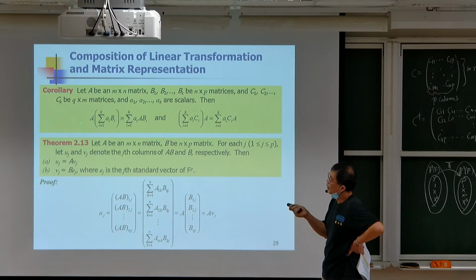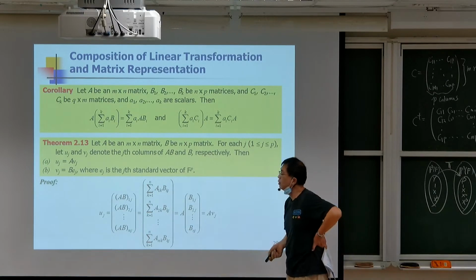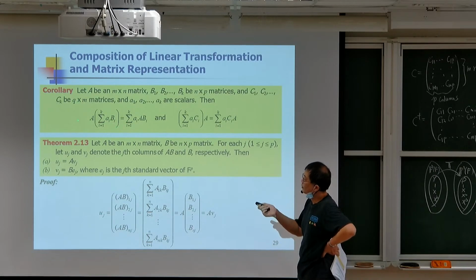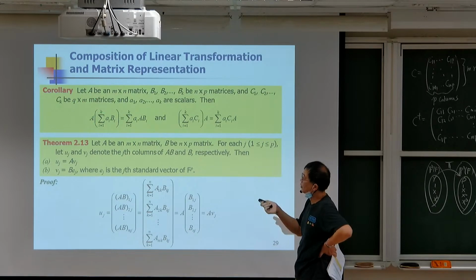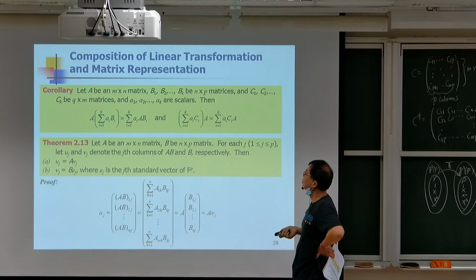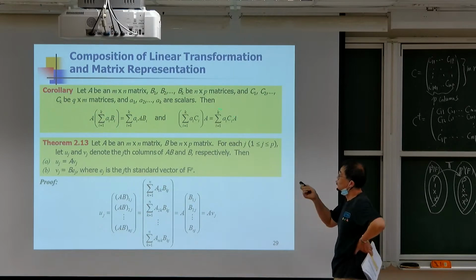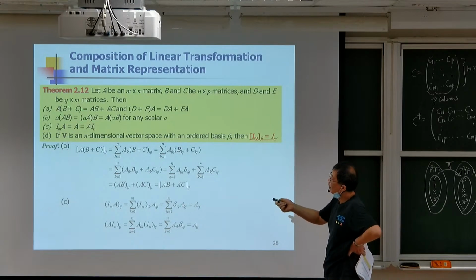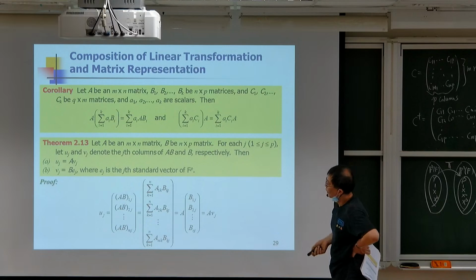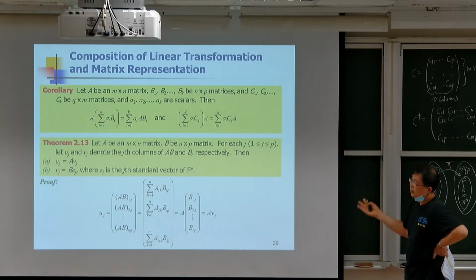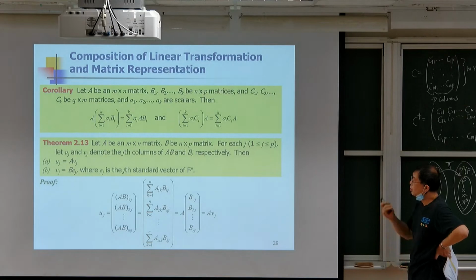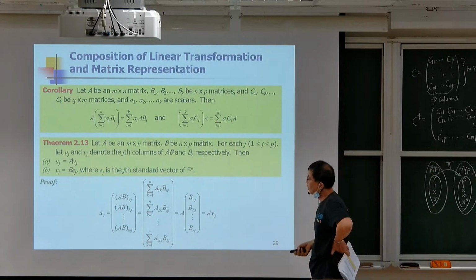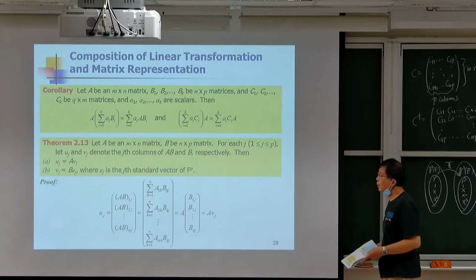We can get its linear combination. So if I have a linear combination of Bi's, then I can take A times Bi independently, and then sum them together. So the corollary is because if this holds, then that holds. You just follow the standard operations of matrix multiplication, then you can get the whole result here. So I'm not going to redo it one by one.